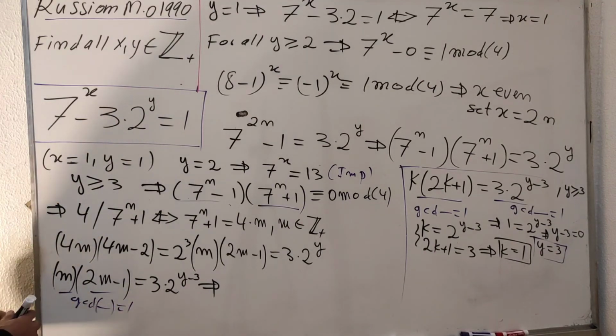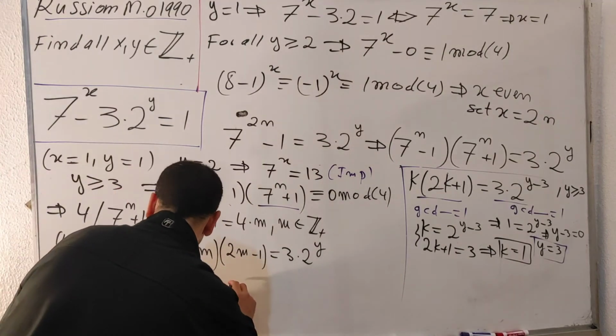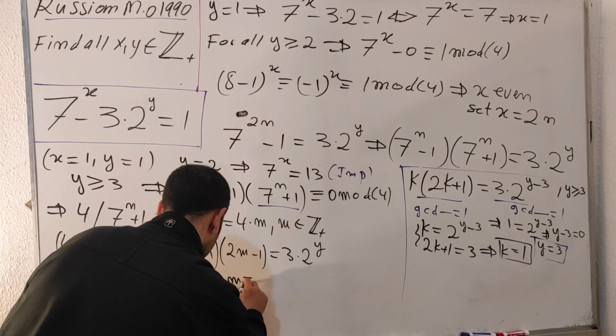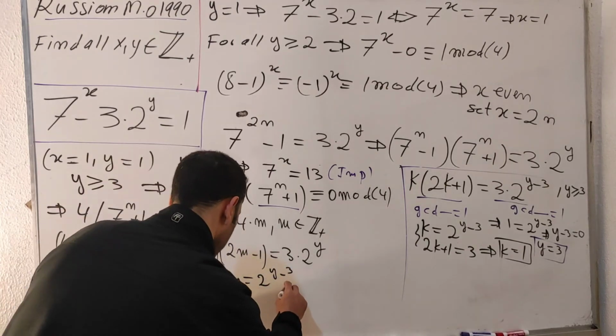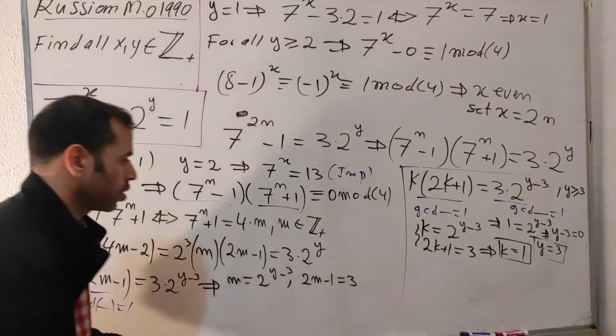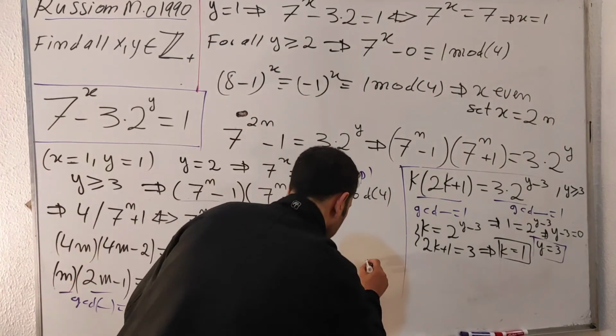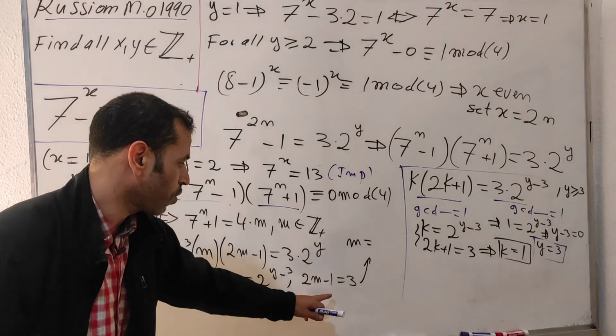M must be even, which means m equals 2 to the y minus 3, and also 2m minus 1 equals 3. So in other words, m equals 4 over 2, which is 2.